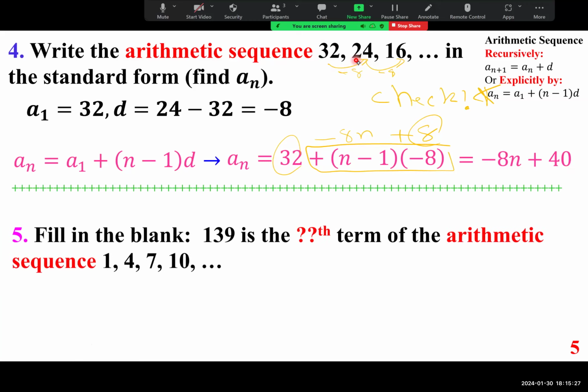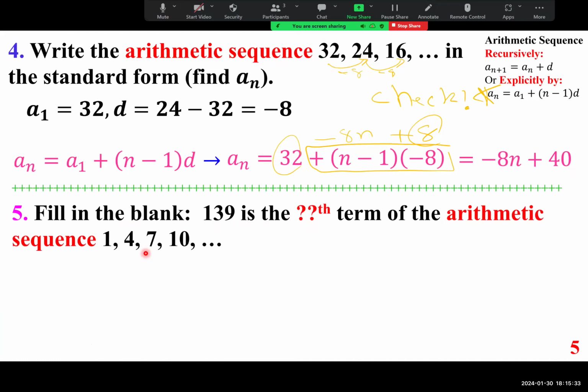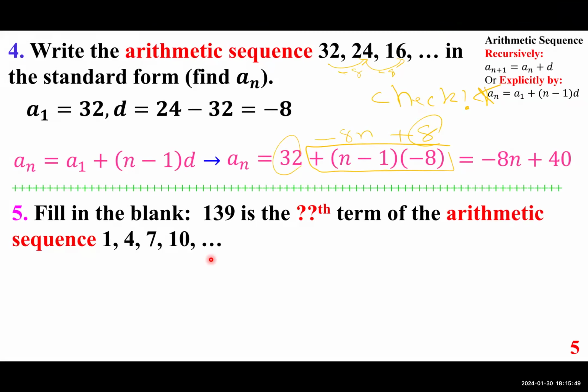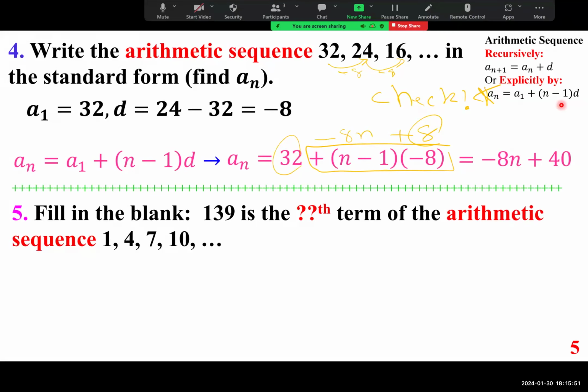Fill in the blank. 139 is which term of the arithmetic sequence 1, 4, 7, 10? Well, first and foremost, the arithmetic sequence, we know it has a general solution in the form of A sub n equals A sub 1 plus n minus 1 times d.